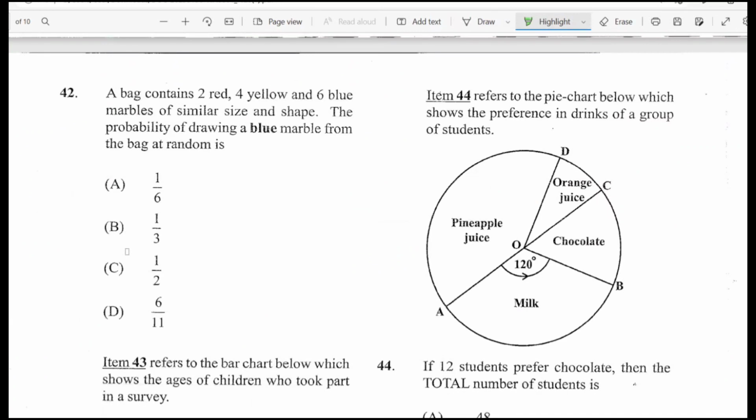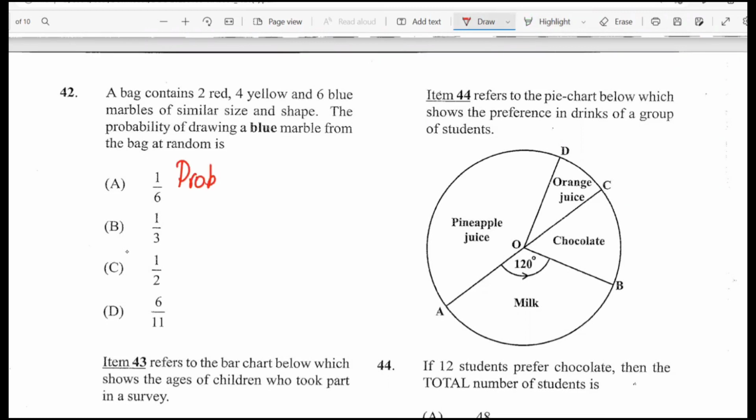42. A bag contains 2 red, 4 yellow, and 6 blue marbles of similar size and shape. The probability of drawing a blue marble from the bag at random is what? What is probability?